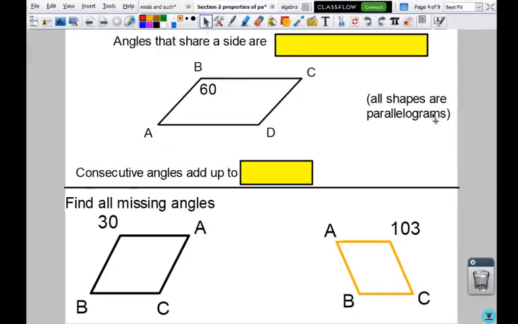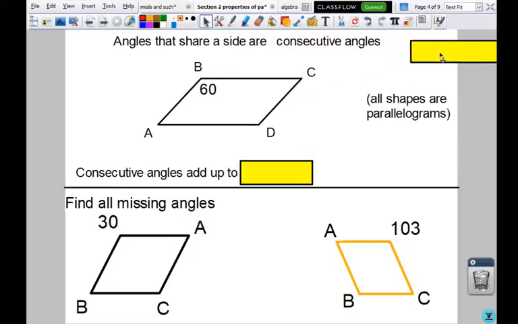Angles on these slides, all shapes are parallelograms on this slide. So not only are opposite sides equal, in parallelograms, angles that share a side are consecutive angles. That's what those are called. So if I look at angle B right here, angle B has 2 consecutive angles.